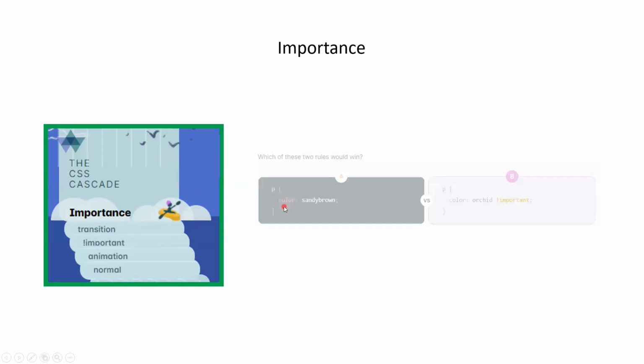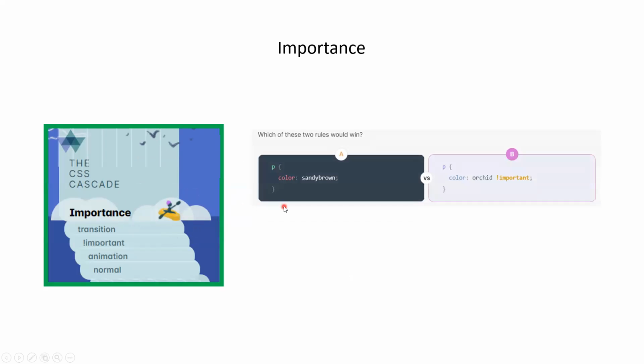There are different types of rules in this part, for example, transition, important, animation, and normal rules. So in this example, which of these two rules would win? What do you think? Try to pause the video and answer this question.